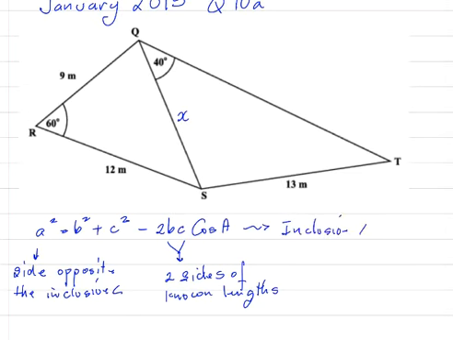So I could say that this is B, this is C, this is little a, and the angle here, the 60 degrees, from my formula is big A. B and C are the two sides of known length, 9 and 12. The inclusive angle is 60 degrees, and the side opposite the inclusive angle is QS, which I call X.